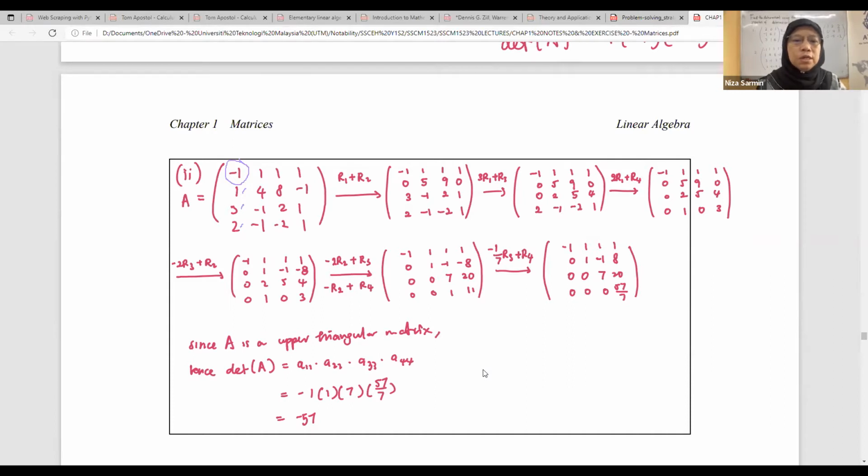So actually, this one, R1 plus R2, and this one, 3R1 plus R3, and this one, 2R1 plus R4, you can do it at the same time. Yeah, Eugene, you can do it at the same time.